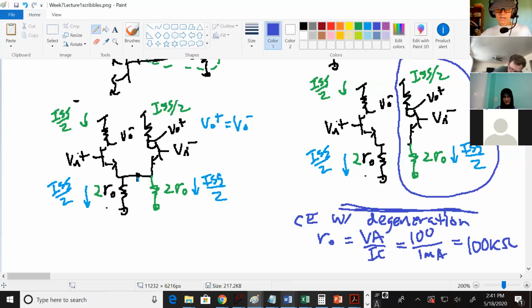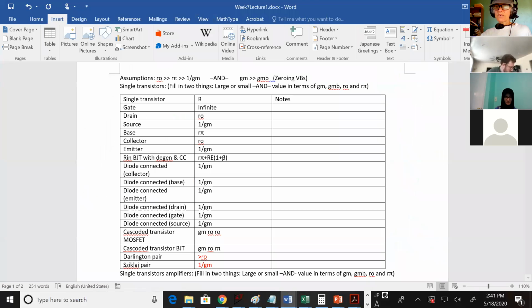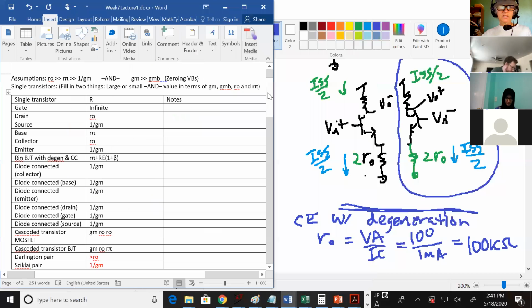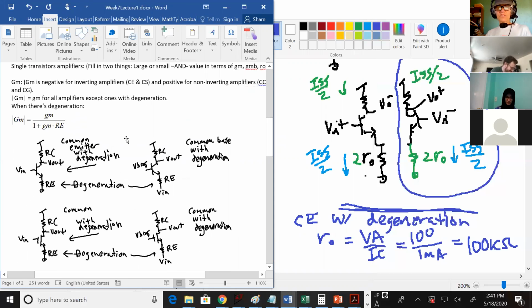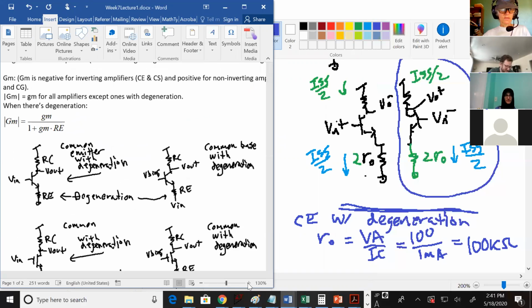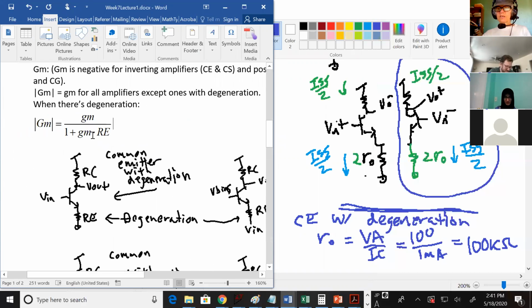And let's go, it's not all going to fit, but remember the update that I did to this handout for GM? If there's degeneration, then GM is not little gm anymore. GM is this equation.